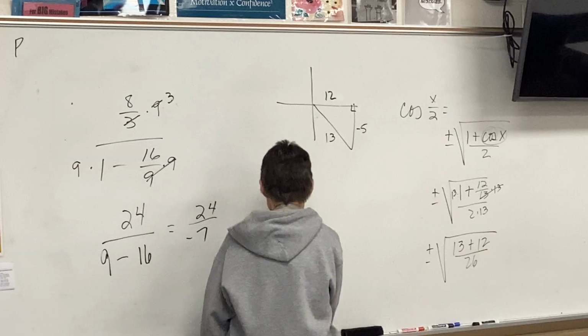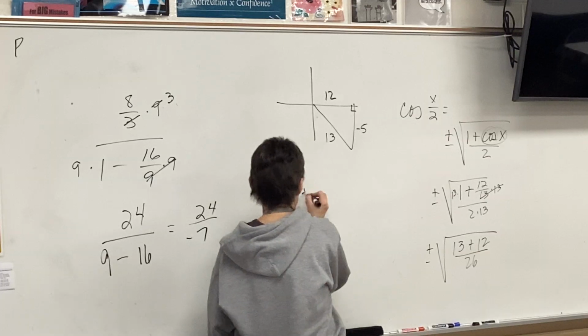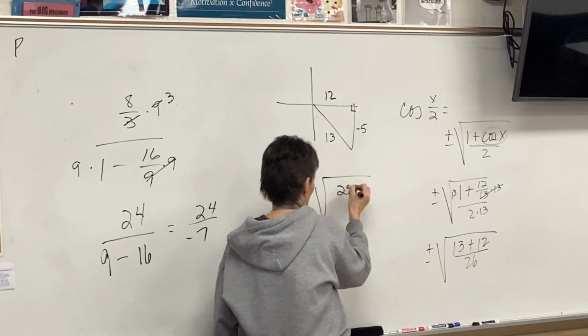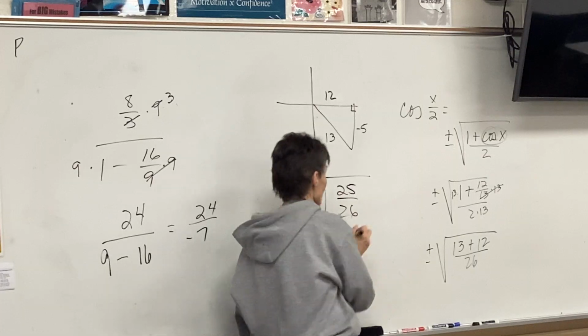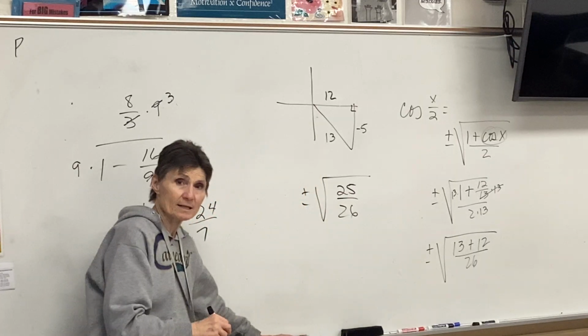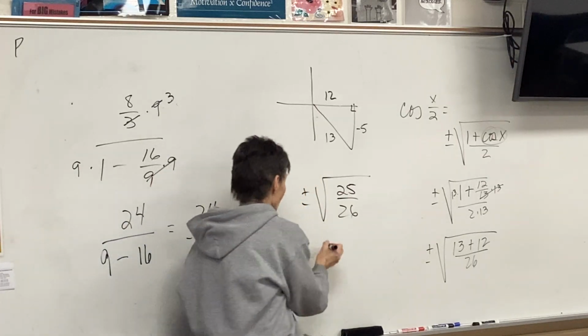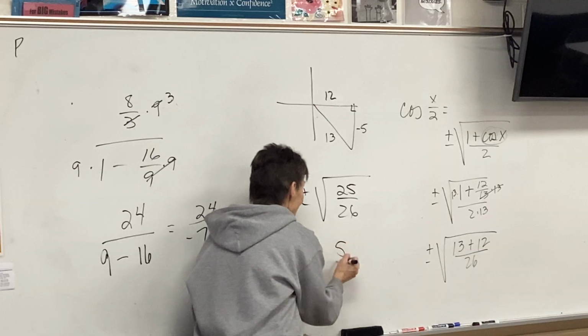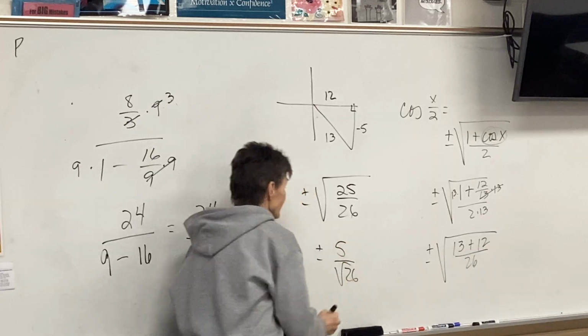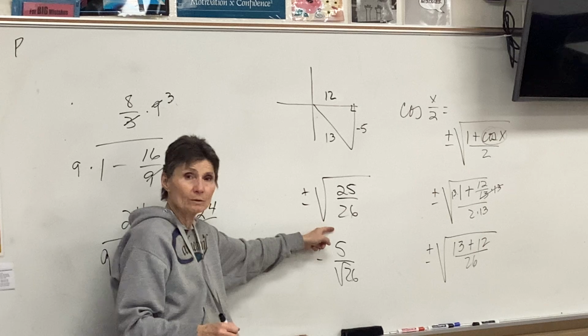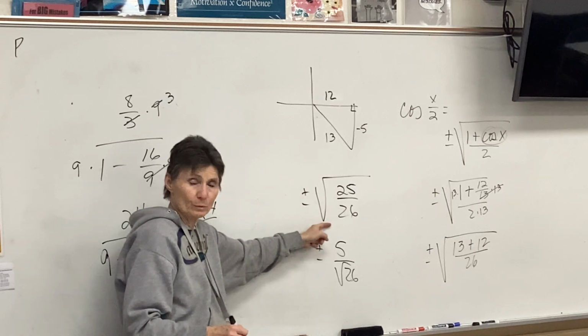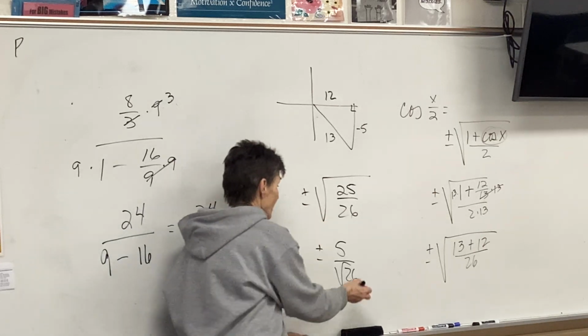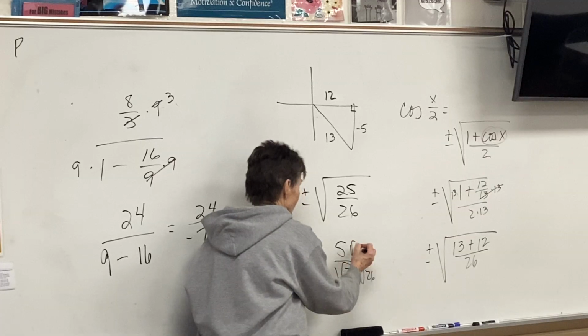So I end up with 25 over 26, the square root of 25 over 26, which is 5 over root 26, the square root over the square root, and then I'll rationalize.